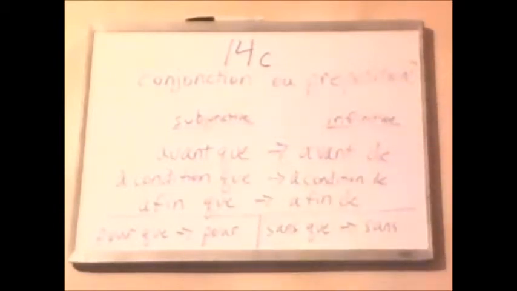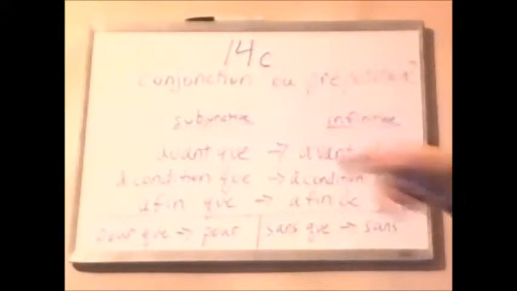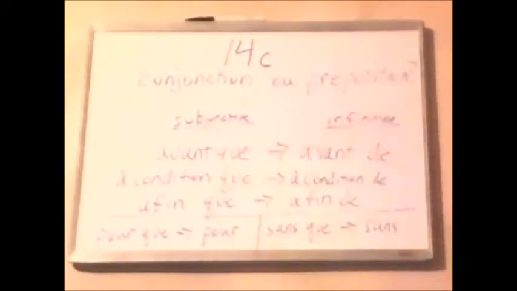So if you look at your explanation there on page 217, they use the example nous prierons avant que tu partes. We are going to pray before you leave. We have two different subjects there. We have nous, and then in the avant que section, we have tu.